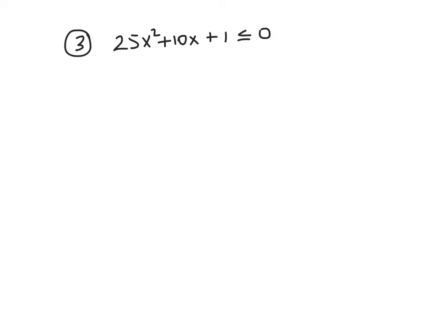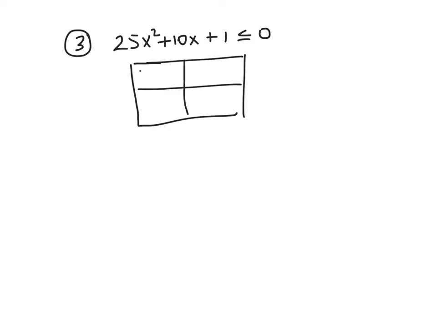We can use the box method. So here we have 25x squared, and this is 1.